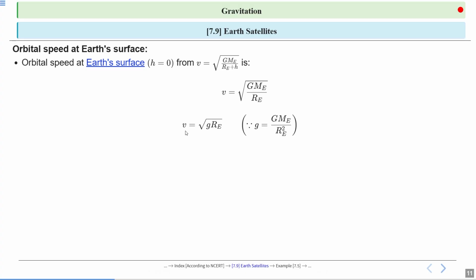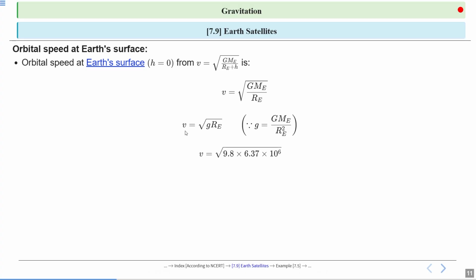Now let's simplify this using the acceleration due to gravity g. So we can say g = GMe / Re². So we can rewrite our orbital speed formula as v = √(gRe). And this shows us how gravitational acceleration and Earth's radius determine the orbital speed.